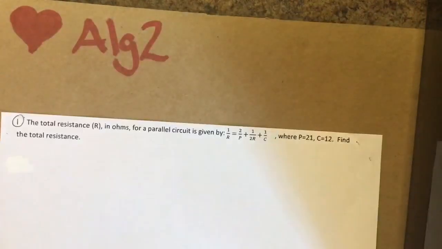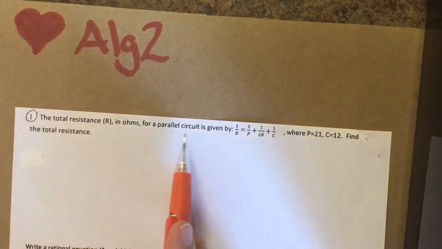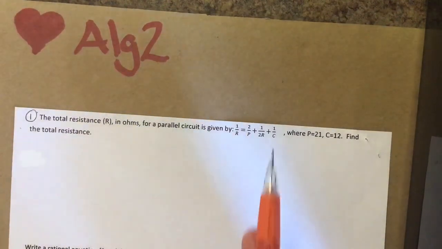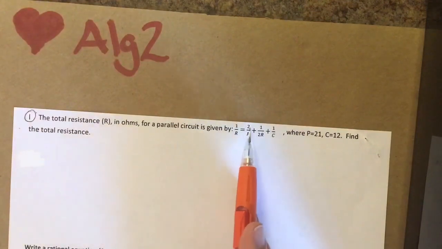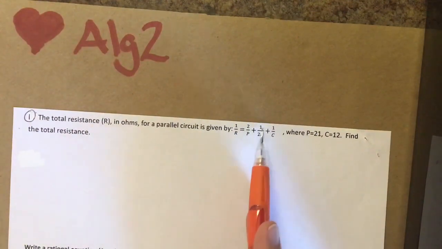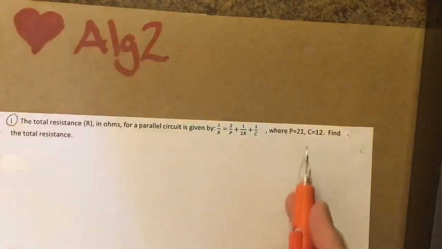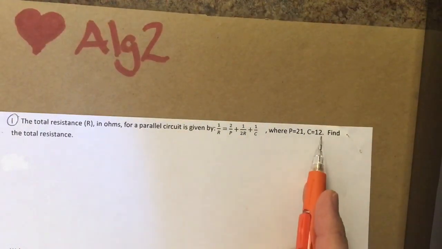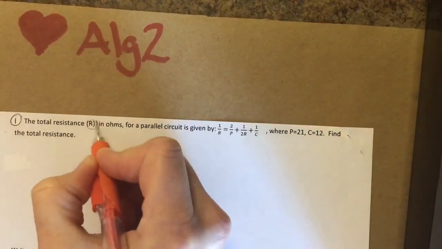The total resistance, R in ohms, for a parallel circuit is given by this equation. If you're working with me, take a minute, write this down. 1 over R equals 1 over P plus 1 over 2R plus 1 over C. P is 21, C is 12. Find the total resistance, R.